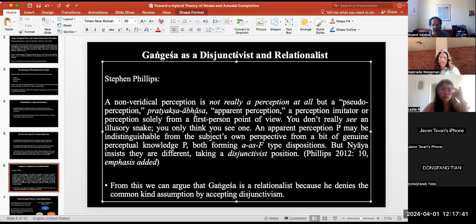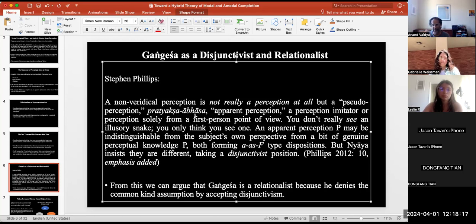You don't really see an illusory snake, you only think you see one. An apparent perception, P, may be indistinguishable from the subject's own perspective from a bit of genuine perceptual knowledge, P, both forming A as F-type dispositions, but Nyaya insists that they are different, taking a disjunctivist position. So based on a lot of intricate theorizing, Phillips, a leading scholar of Gangesha and translator of his major works, has proposed that we should understand Gangesha as a disjunctivist.